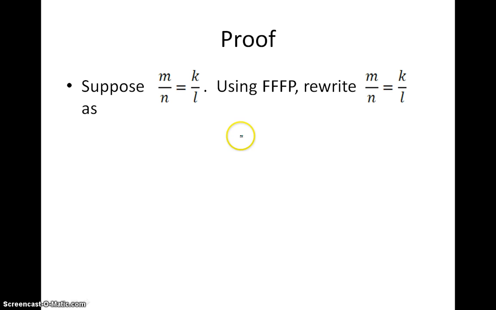Remember, we can write this with the same denominator, and in order to do that, we have to write it by multiplying it by a constant. So this is going to be m over n, our constant is going to be L, and we're going to say that that is the same as k over L.